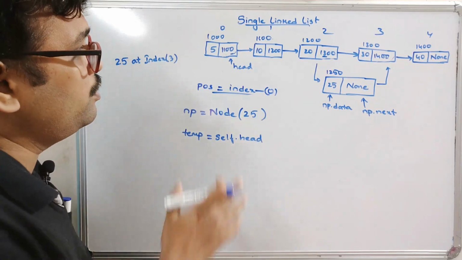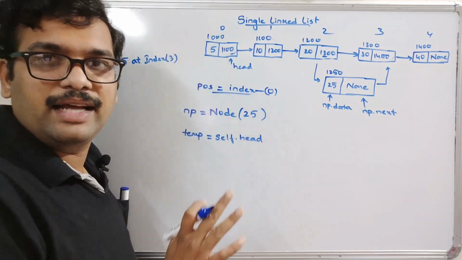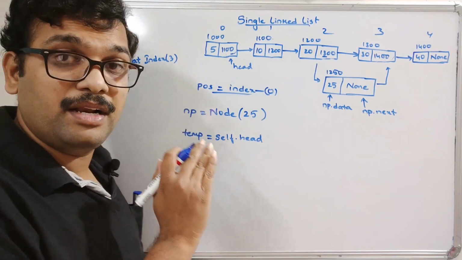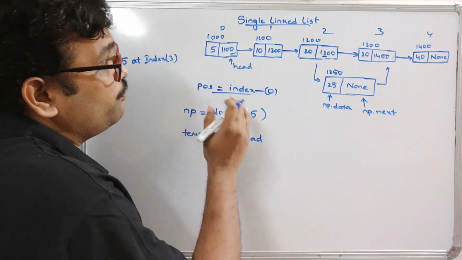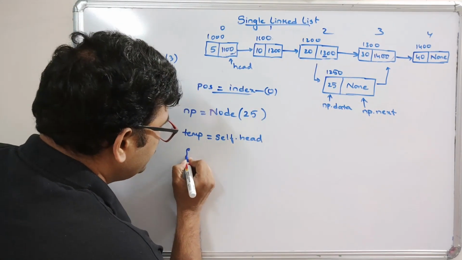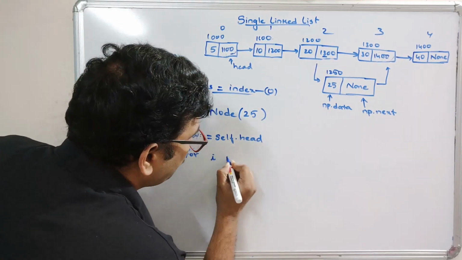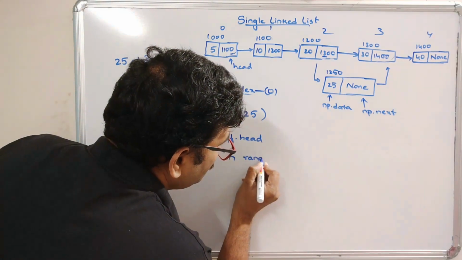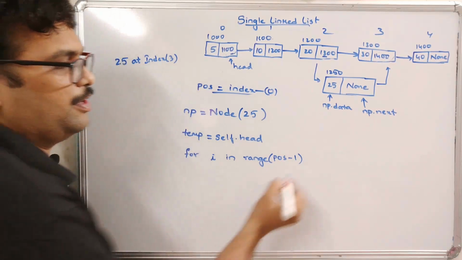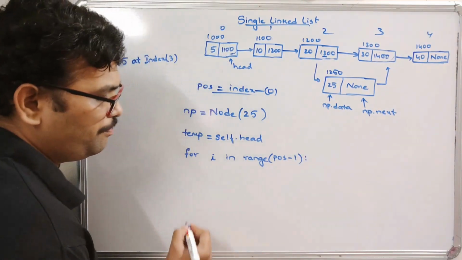We need to place the head as it is and we go with the temporary variable, and this temporary variable will keep on moving from 0 to position -1. Now I will write for i in range of position -1.